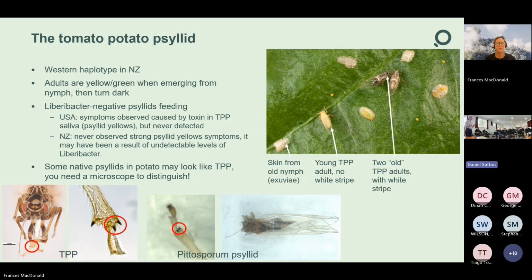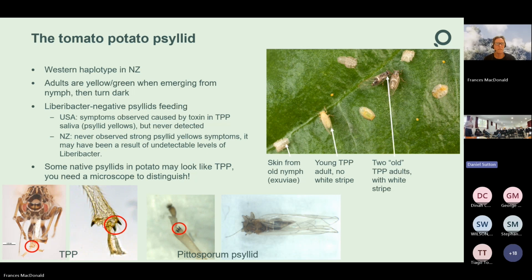Then we have native psyllids as well, which is really nice. There is one that looks like TPP, and in Canterbury it always comes in earlier than TPP itself. Can you click, Francis? You cannot just look and say, oh yeah, that's the other one, because they look so alike. The only difference, as you can see here, is that on the left-hand side is a psyllid with its legs hanging down, and there is something towards the end of the leg, which we call spurs.